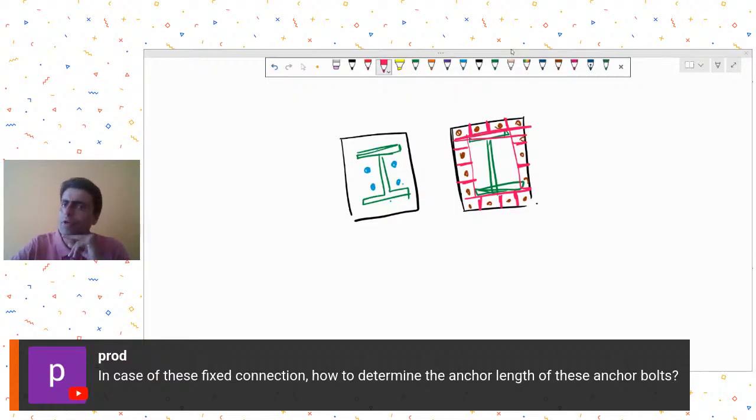Now this cone-like failure calculation is not clearly given in the IS 800. So for that you need to go to AISC and ACI codes. So basically bond length shall be sufficient for these anchor bolts. You need to check for their cone-like failures also, and then you have to calculate the length of these anchor bolts.